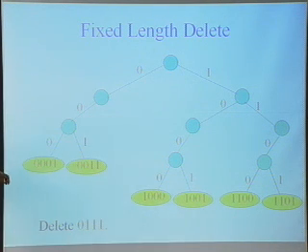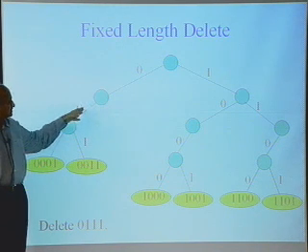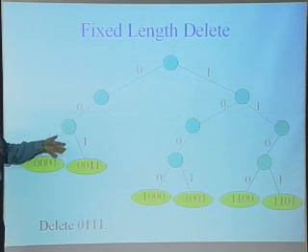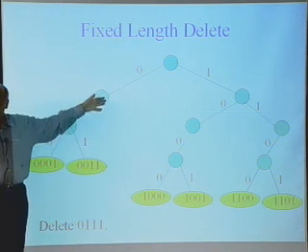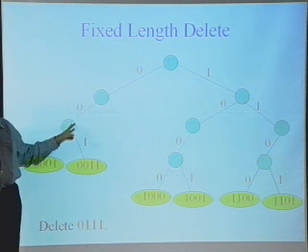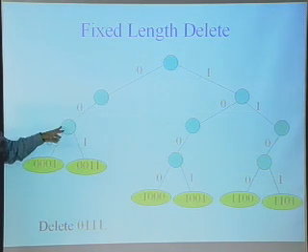Now this branch node should disappear if its other subtree has only one data node in it. If this subtree had only one data node in it, then the sibling of the node you threw away would be a data node. But it's a branch node, which tells you there's more than one down here.